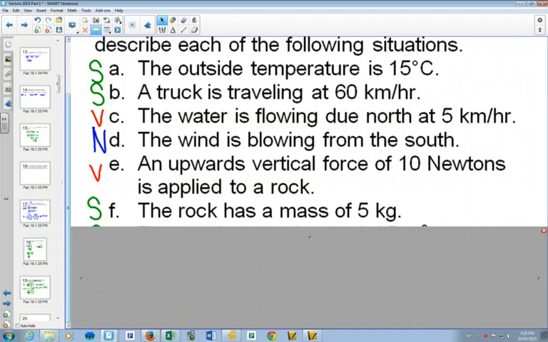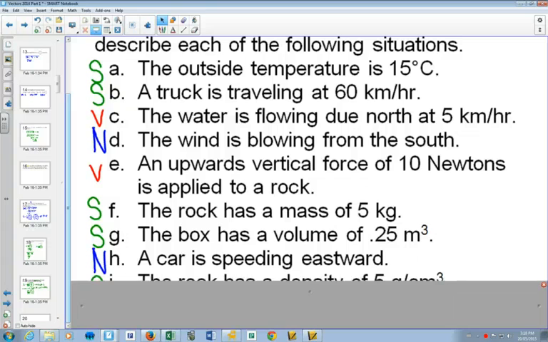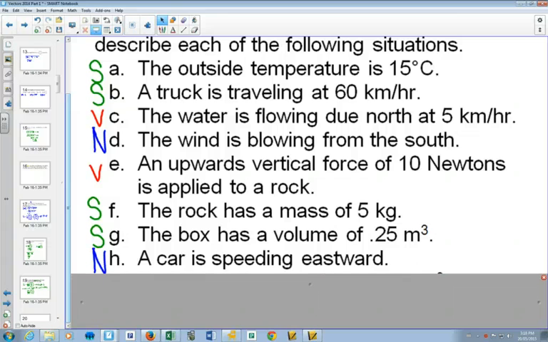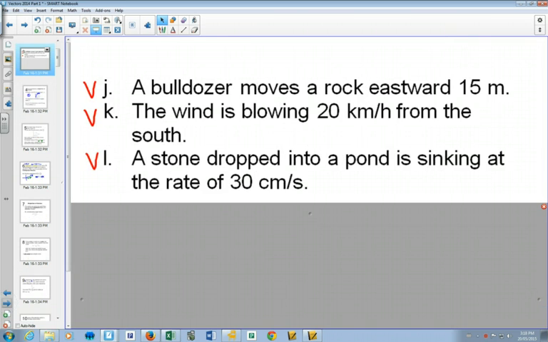Rock has a mass of 5 kilograms. Box has a volume. Car is speeding eastward. Again, this is only a direction. We don't know what its speed is. And there are the last three on the next page. All have a direction and a magnitude, so they are all vectors.